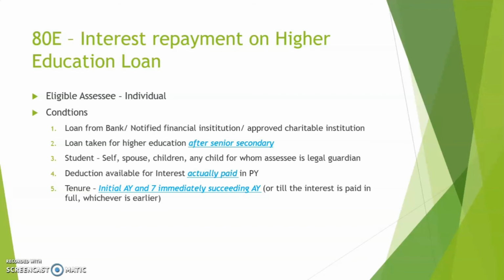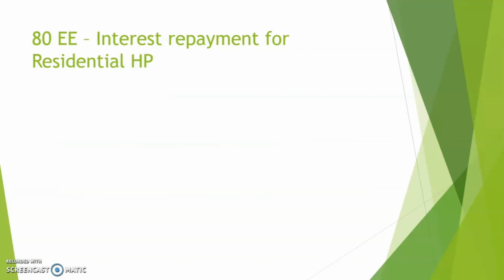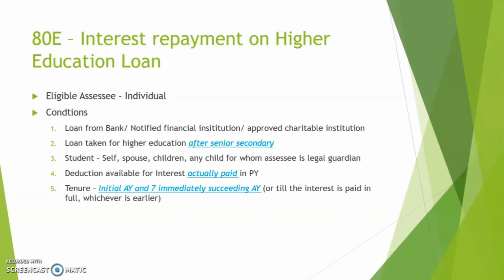If the interest is not paid within the 7 immediately succeeding years, no more deduction will be available for any payment which happens after the 7th additional year. Clear? Fine.